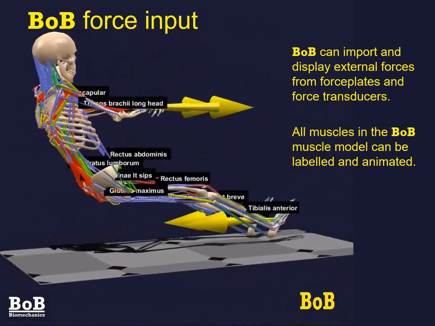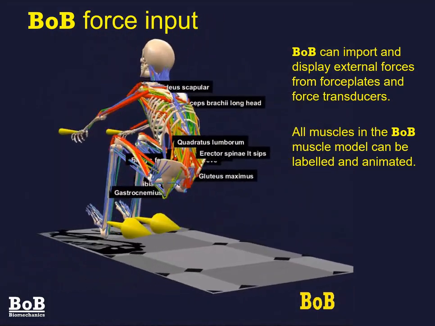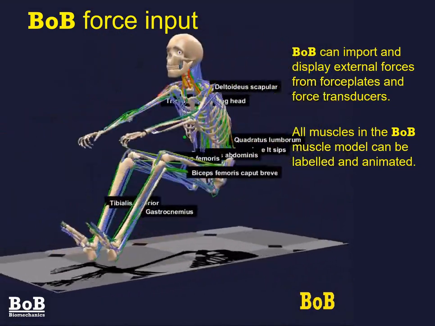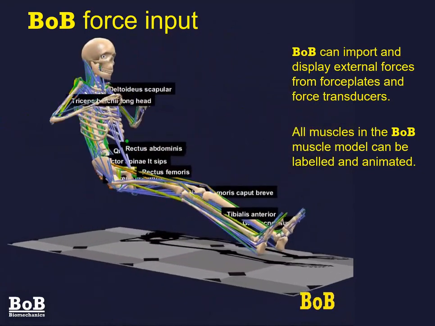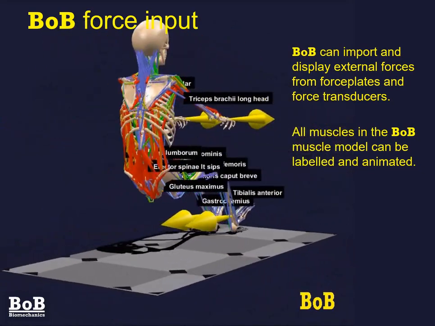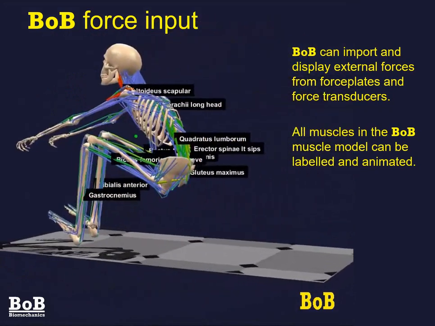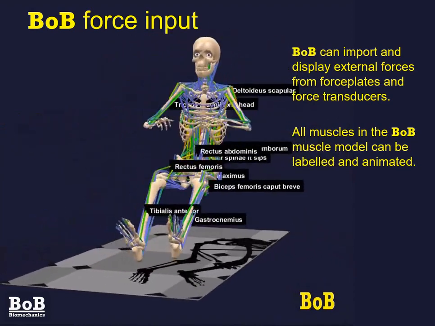This can be measured using force plates buried into the floor, or it can be calculated using BoB. If the subject is handling equipment, there's often a significant force between the equipment and the subject's hands, or whatever part of the body contacts the equipment. In that case, these external forces must also be accounted for in the biomechanical analysis.